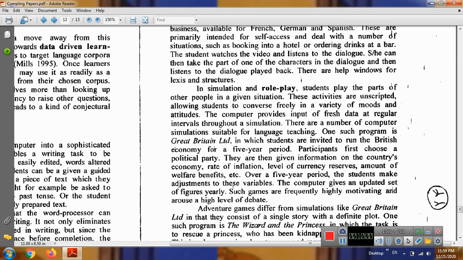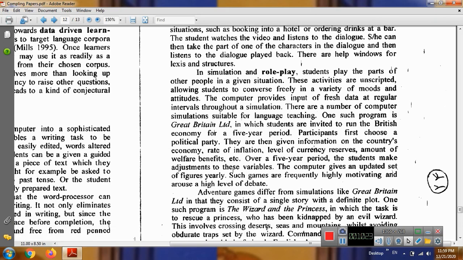One such program is Great Britain Ltd, in which students are invited to run the British economy for a 5-year period. Participants first choose a political party.